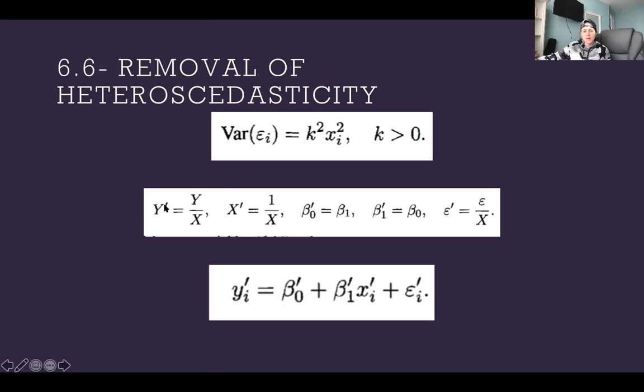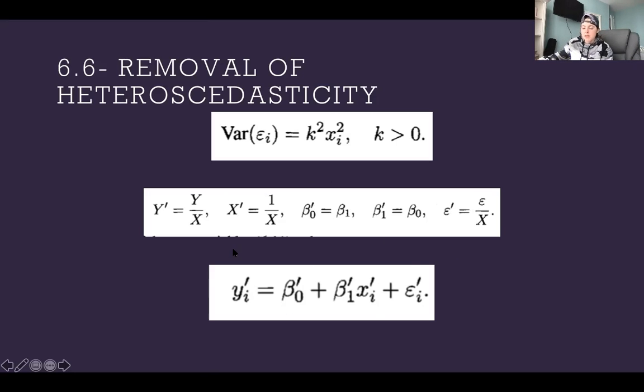We have y prime, which is equal to y over x, x prime, which is equal to 1 over x, beta sub 0 prime, which we're going to set equal to our original beta sub 1 value, and beta sub 1 prime, which we're going to set equal to our original beta sub 0 term. And then we have epsilon prime, which is equal to epsilon over x.